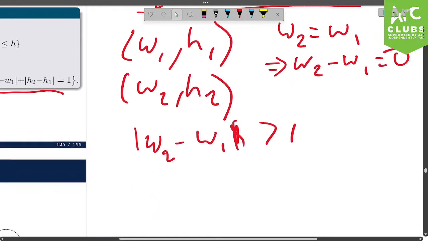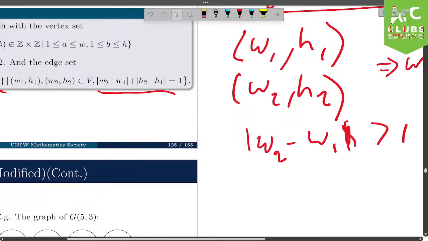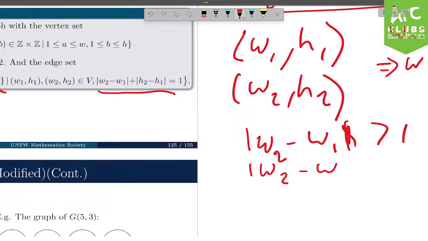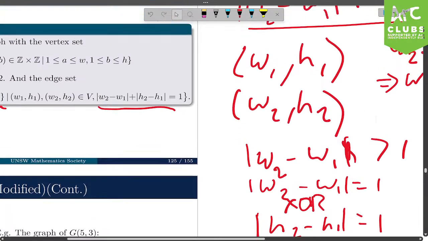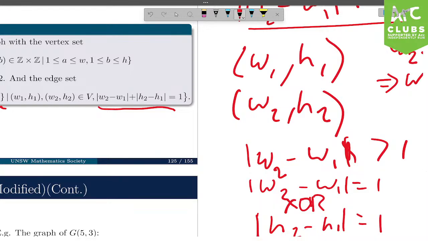So the set of vertices that are connected are going to be such that W2 minus W1 equals 1, or H2 minus H1 equals 1. But it's going to be an exclusive OR. The reason why this is true is that the only cases where this equality can hold is when W2 minus W1 and H2 minus H1 are both less than or equal to 1.